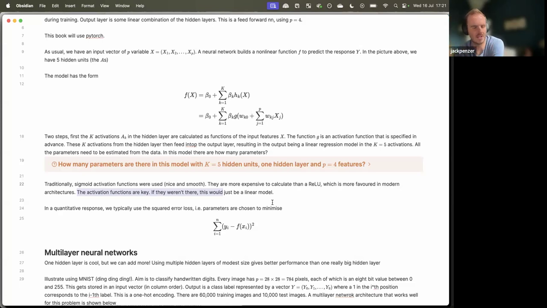So a -3 could still have a positive value, whereas ReLU will basically go, if the score coming out of that layer, the linear combination that's led to that layer, is negative, or if it's 0, then the output of the ReLU is going to be 0.